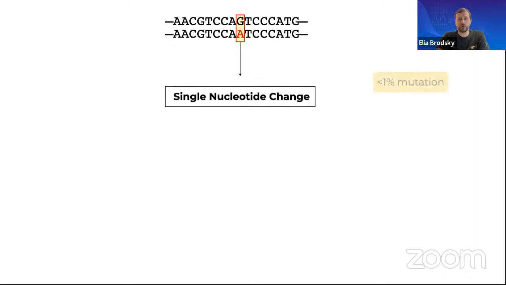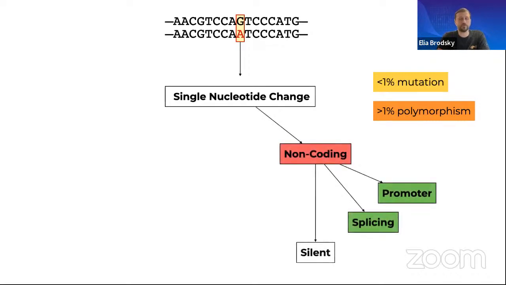We will then try to understand some of the thresholds that are used to determine whether the mutation is a coding or a non-coding mutation, where that mutation is found. Is it found inside the gene, at the promoter of the gene, at the splice junction of the gene, or is it silent?